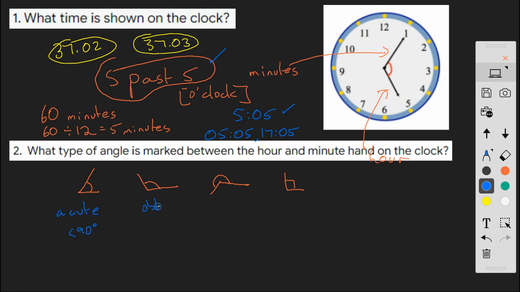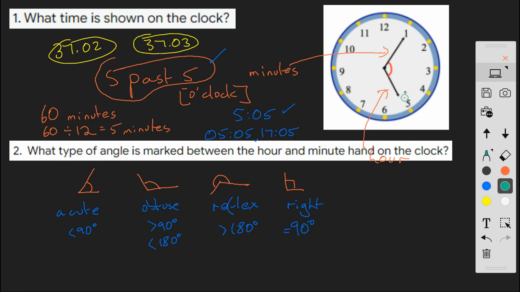We have obtuse angles, which are greater than 90 degrees, but less than 180 degrees. And we have reflex angles, which are greater than 180 degrees. And we have our favorite little right angle, which is exactly 90 degrees.